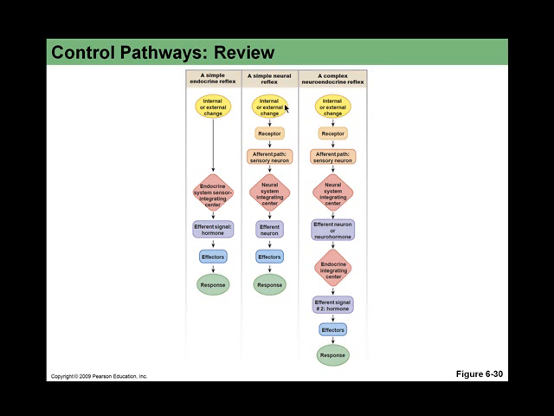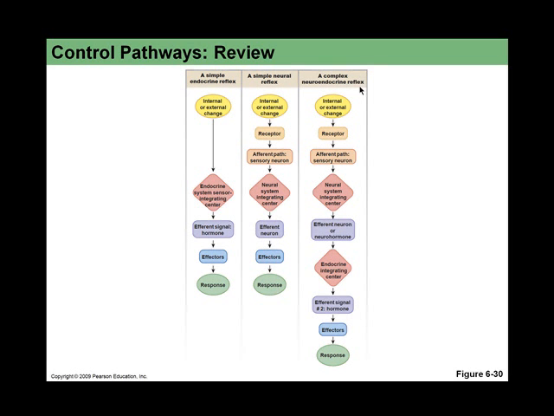The simple neural reflex, there's again the internal or external change, a receptor, the afferent path, the sensory neuron, bringing the affect to the neural system integrating center, in contrast to the endocrine cellular sensory integrating system there. Then the efferent neuron will send the action potentials to the effector directly to get the response.